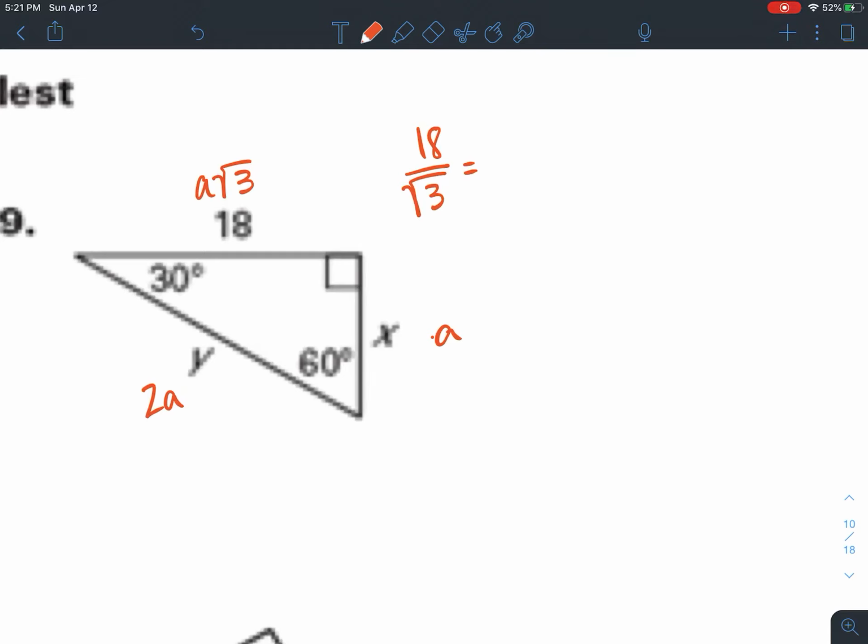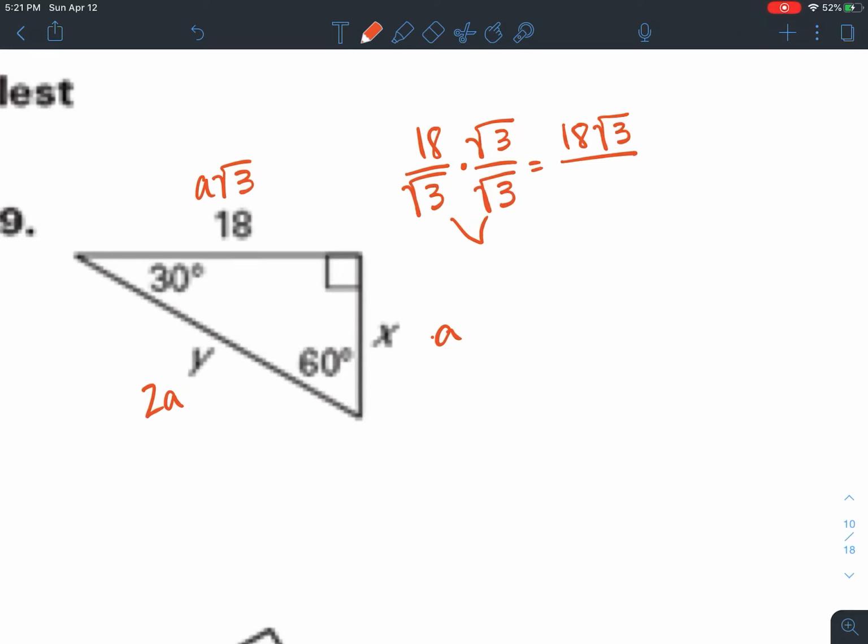So if my long leg is 18, and I want to take the square root of 3 out of it, I can't leave it like that. So rather than trying to simplify it this way, I've got to rationalize the denominator by multiplying by a form of 1 that will help me get rid of that root 3 in the denominator. So in the top, I end up with 18 square roots of 3.